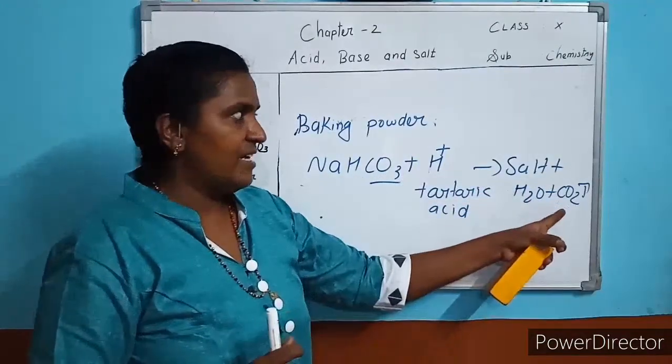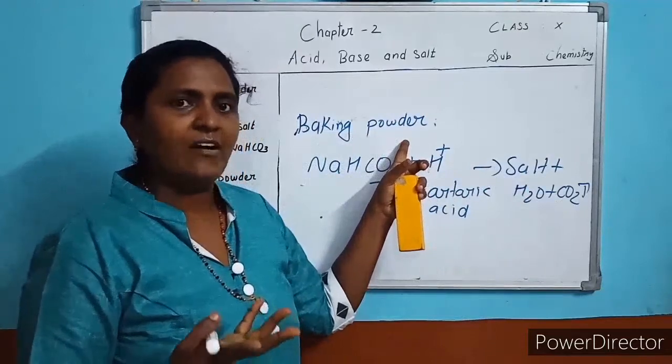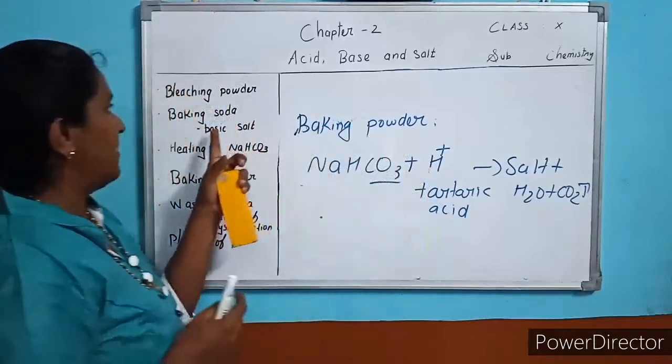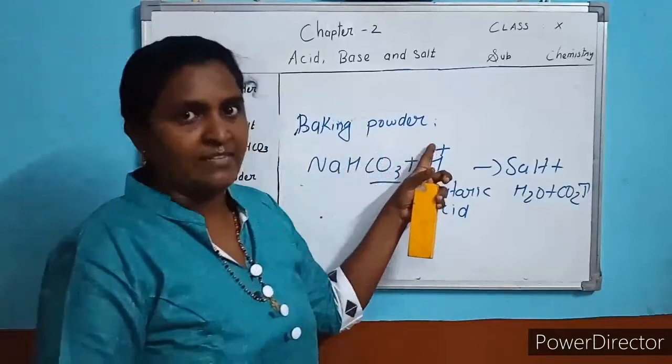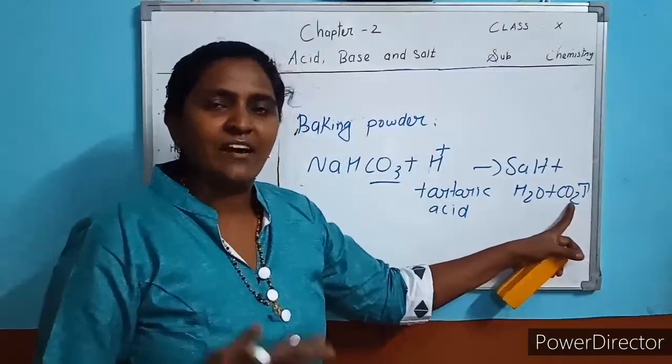This is the reason we add baking powder to prepare cake or bread. It is preferred rather than baking soda. Baking powder is better than baking soda. Why? Because it produces carbon dioxide gas.